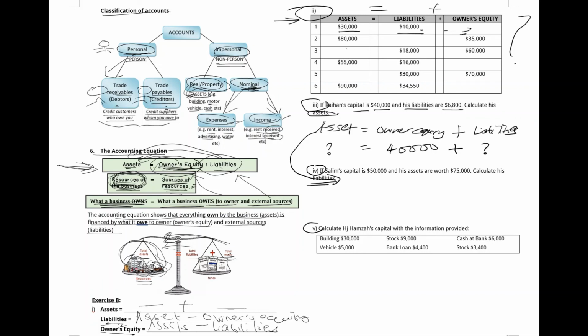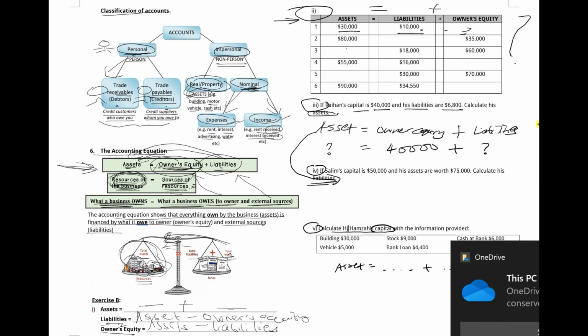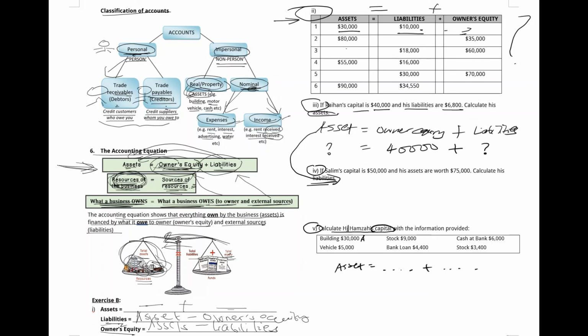And this one also I'll give it a try. So calculate Hazi Hamza capital. Again you use the accounting equation, assets equal to owner equity plus liability. And then you analyze this. Building is an asset. So motor vehicle assets and so on.